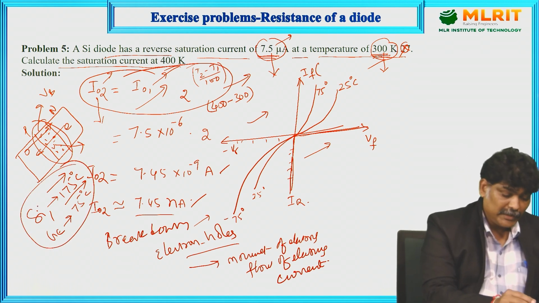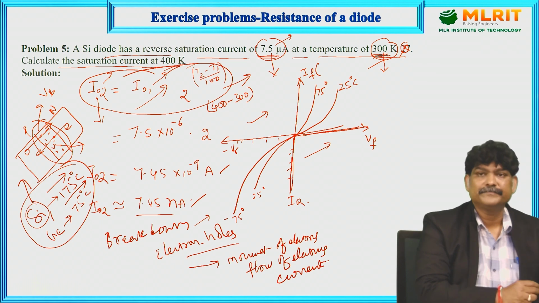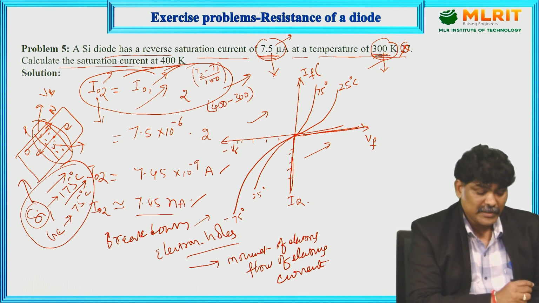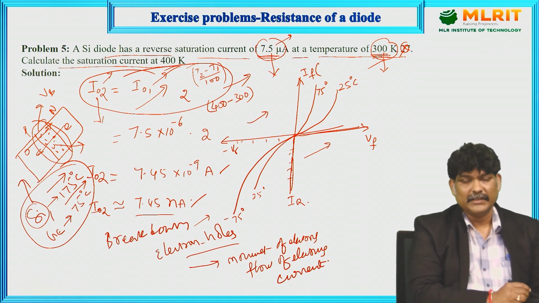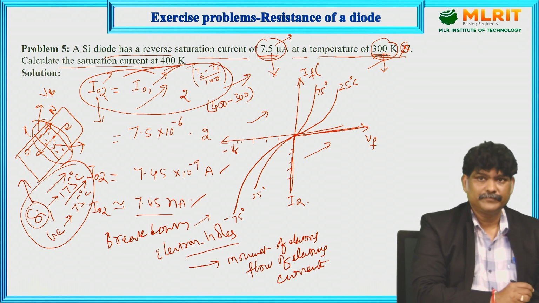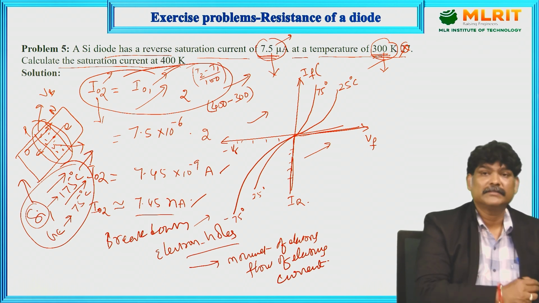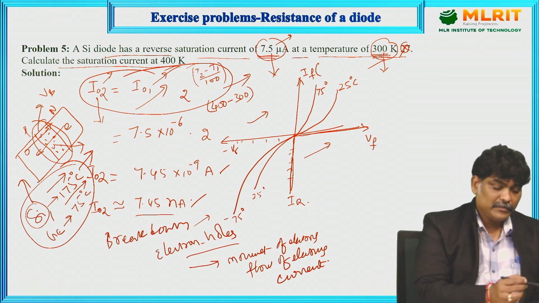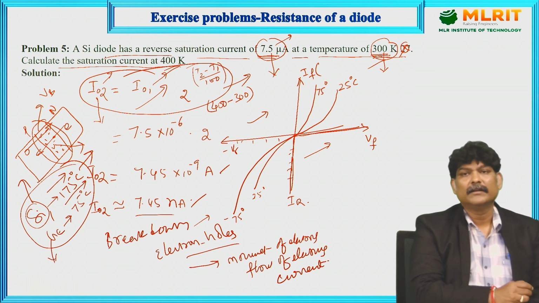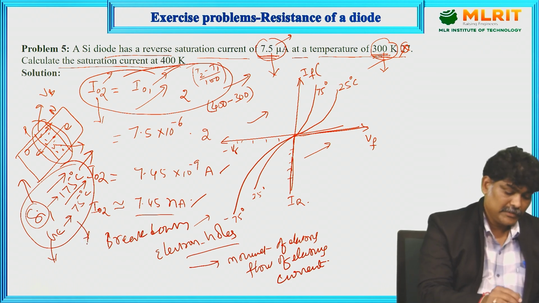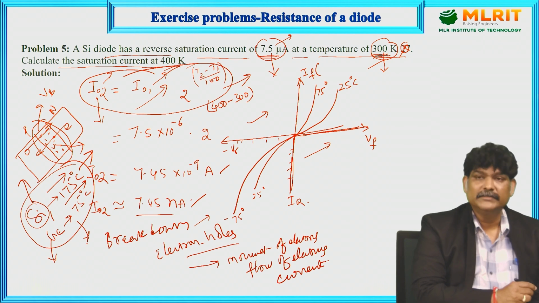Hence silicon is mostly used, as it can withstand up to 175 degrees centigrade without reverse breakdown. Germanium is costly, and very little importance is given to germanium.